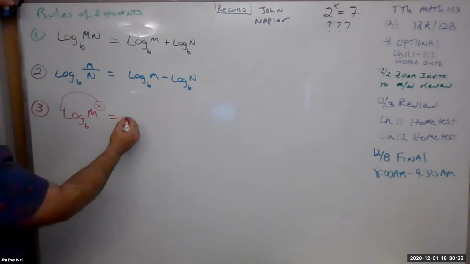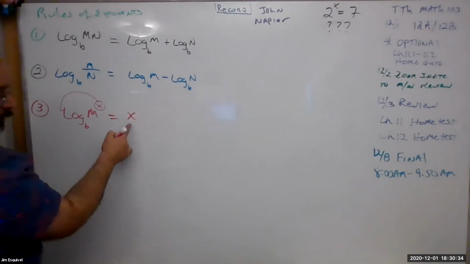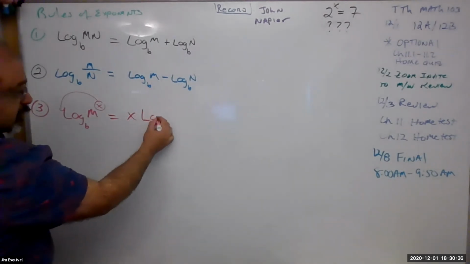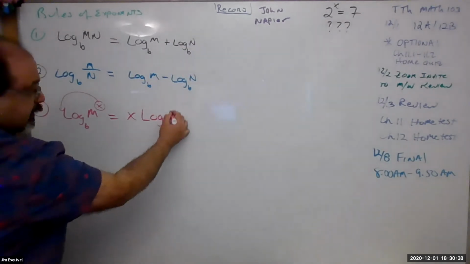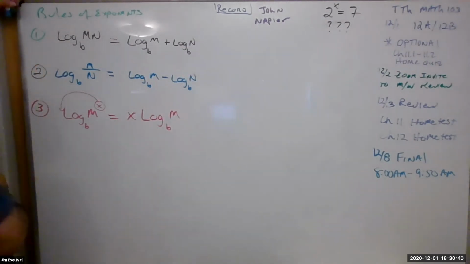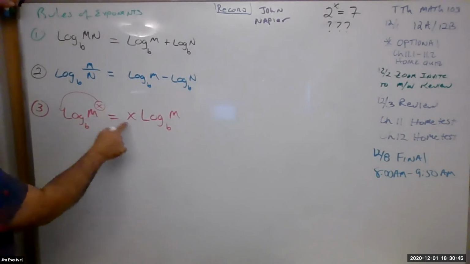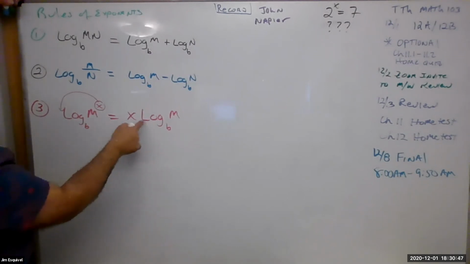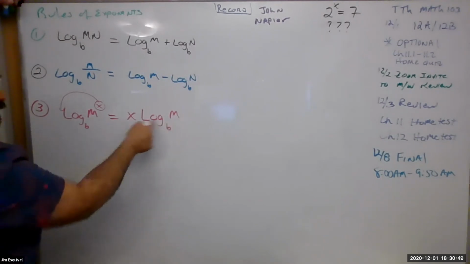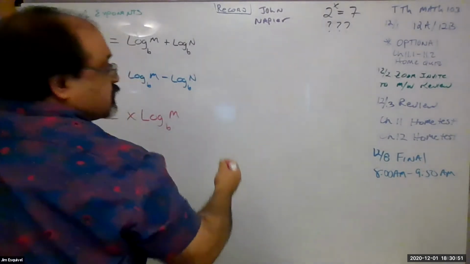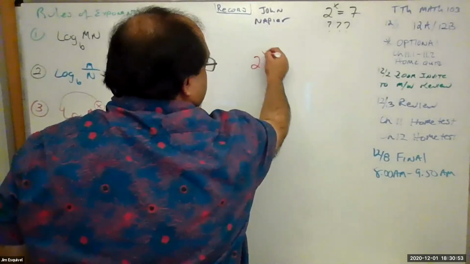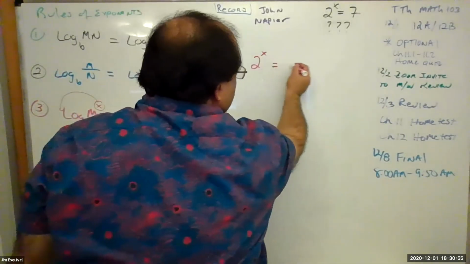That power is now a multiplication problem. It's x times log base b of n. So instead of an exponent, m to the x power, it's now a multiplication problem, x times log base b of n. So in other words, 2 to the x equals 7.